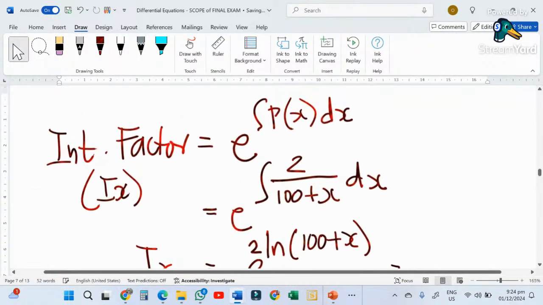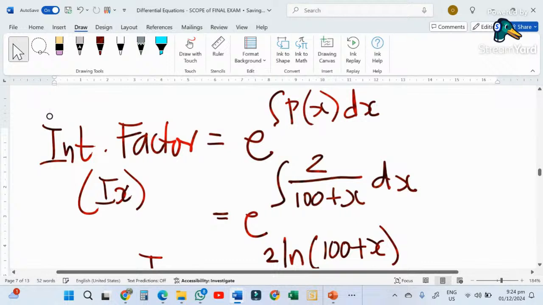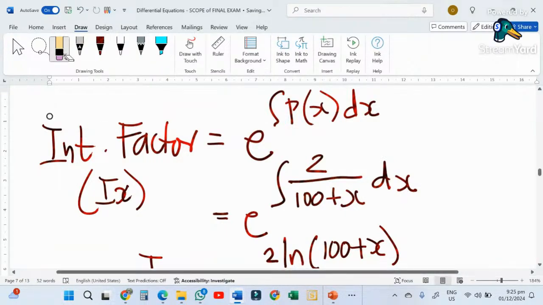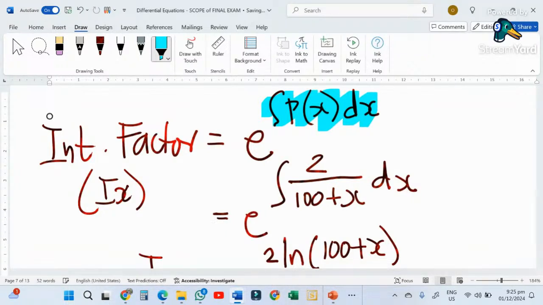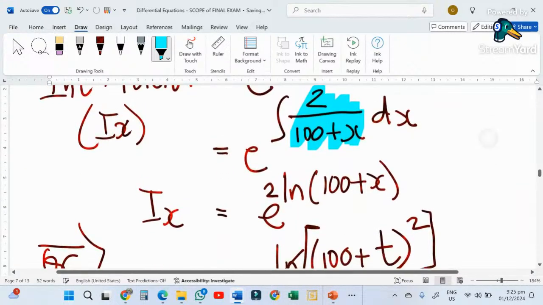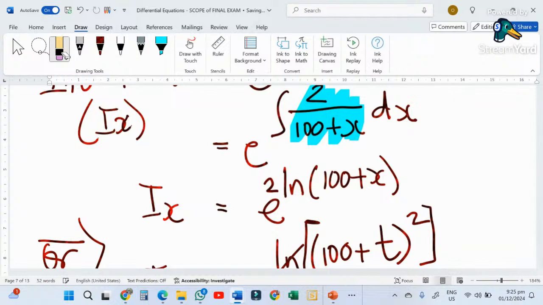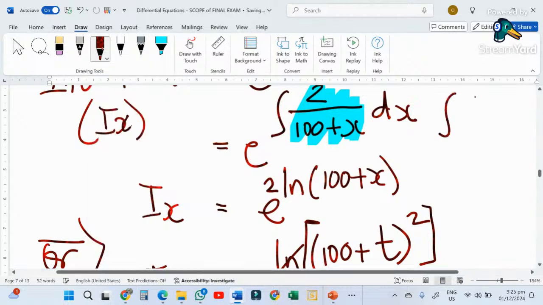Okay. So the integrating factor, as we always do, is equal to e raised to the integral of p of x dx. Our p of x there is 2 over 100 plus x dx. Or that is, by the rules of logarithm, the integral of du over u is equal to ln u.